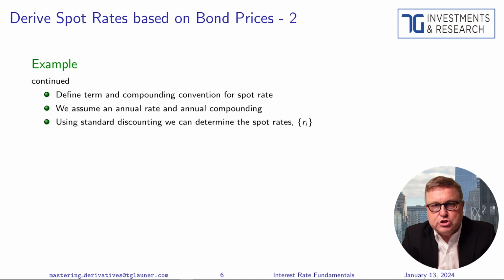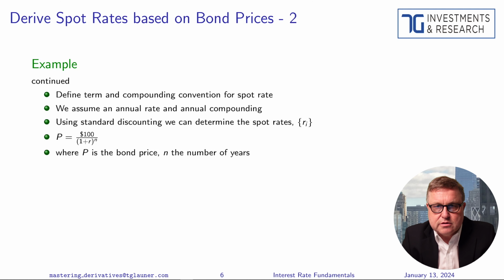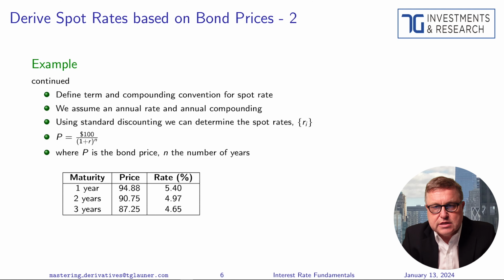The formula for determining spot rates for different maturities is P, the price, equals 1 divided by (1 plus R) to the power of N, where P represents the bond price and N denotes the number of years until maturity. Using this formula, with P as the known price and N as time in years, allows us to calculate R, the spot rate, for each bond's respective maturity period.